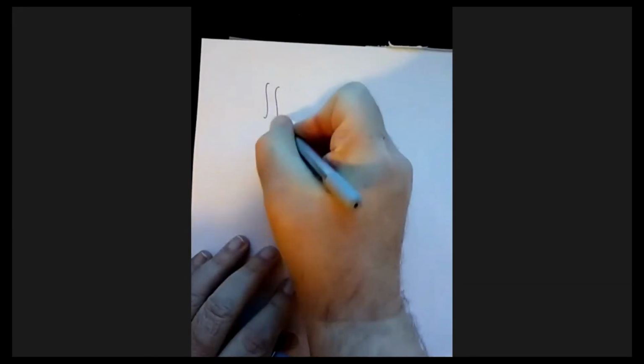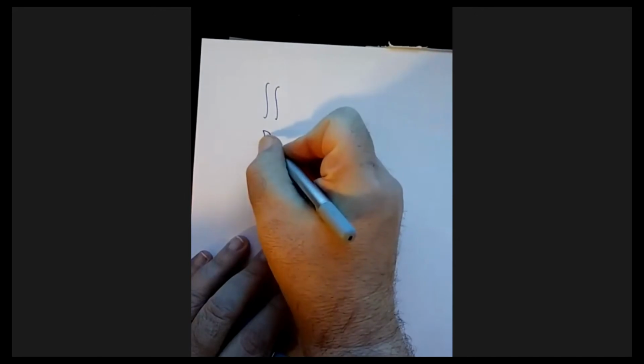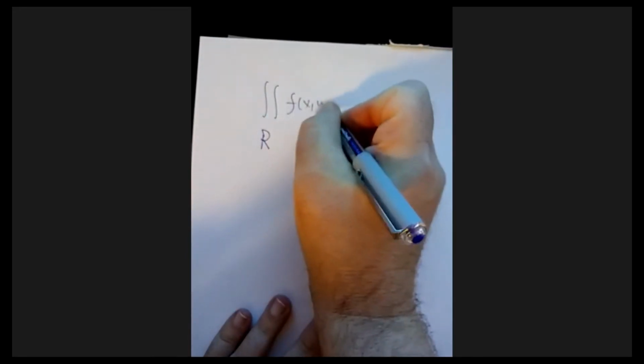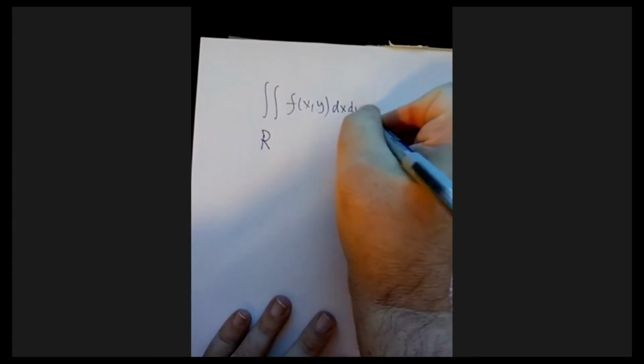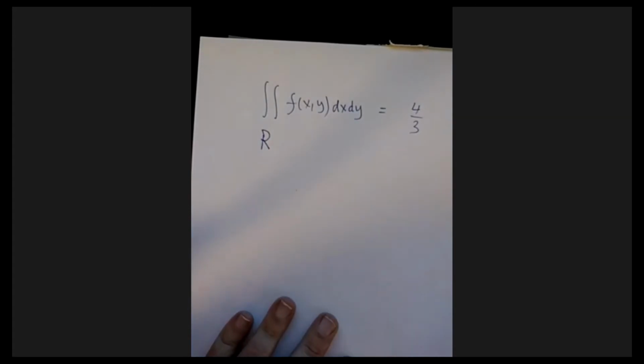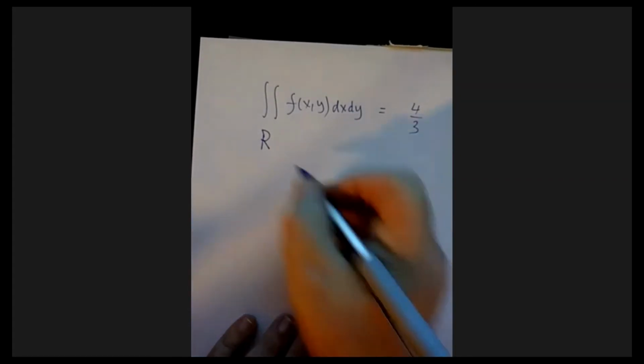So let's talk about properties that double integrals can have. Suppose I have a double integral over some region, and I'll call it R. Some rectangle R. And the function's called xy, as they all are. And the one I've just done here is dx by dy. So in my question here, that guy was 4/3.